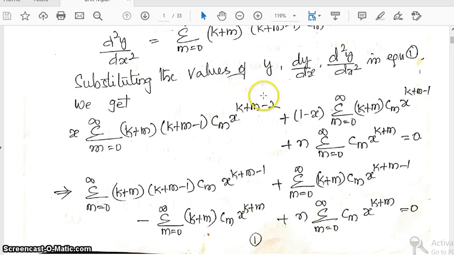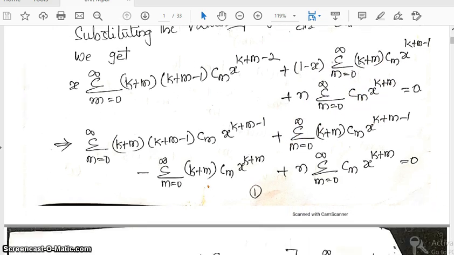Now this can be written as summation (k plus m) into (k plus m minus 1) into x to the power of k plus m minus 2, plus x to the power of k plus m minus 1 multiplied with 1 into this, and minus x into this, plus n into summation c_m x to the power of k plus m equal to 0.